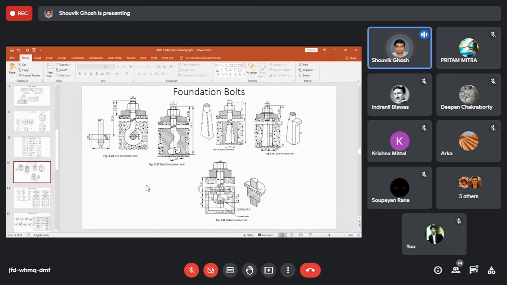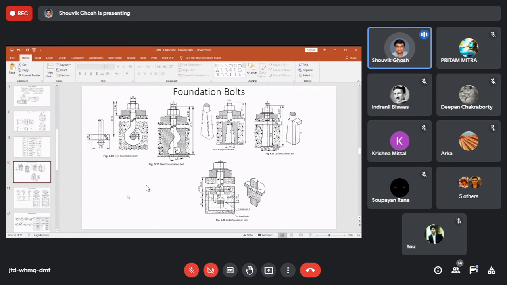Lastly we have foundation bolts. Foundation bolts are basically used for fastening or placing the machine on the floor. As you can get an idea from the name, it is the foundation of the whole machine.